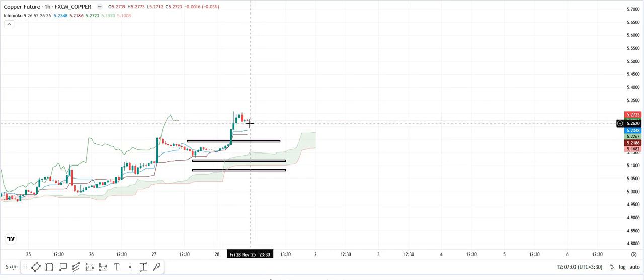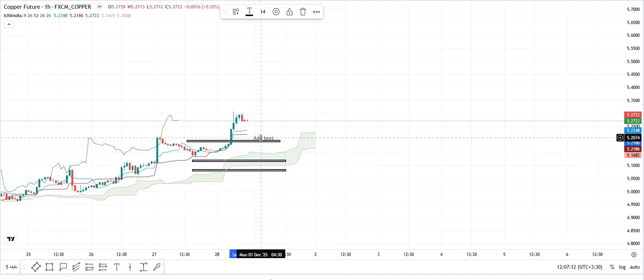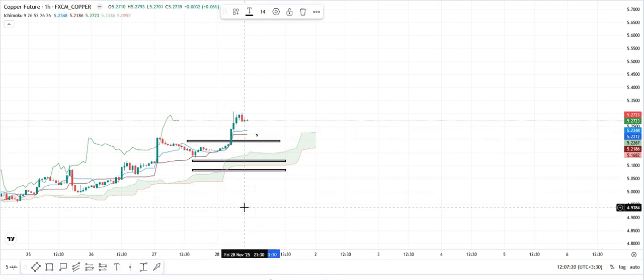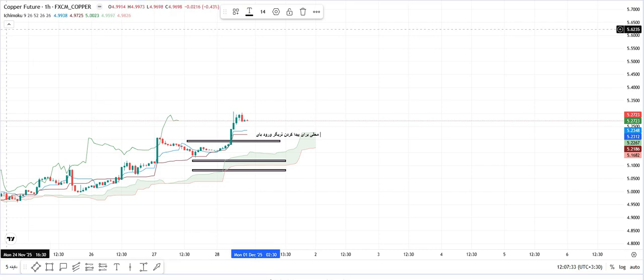This support zone is a prime area to look for a buy trigger using your preferred tools, indicators, or trading systems. Specifically, we are looking at the price level of 5.2158 for copper.